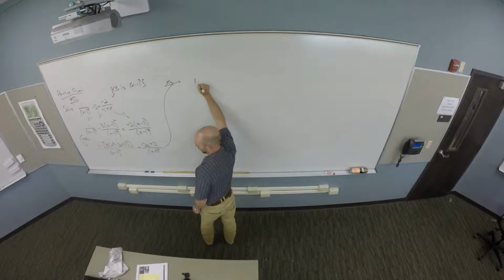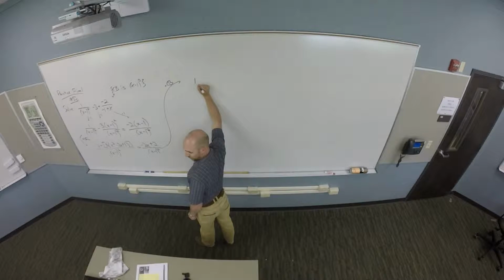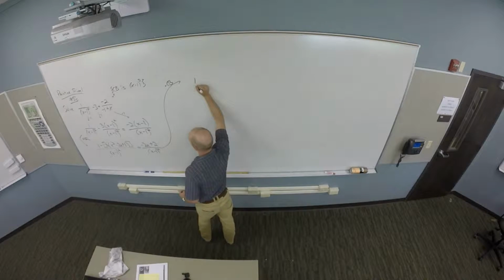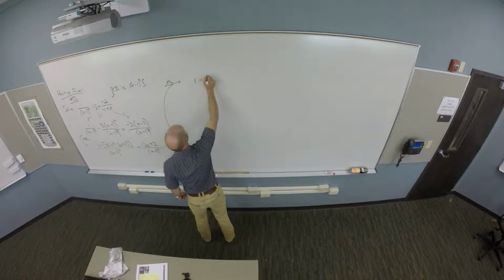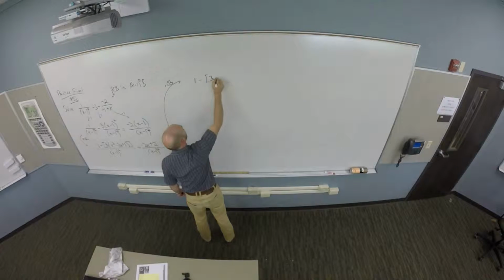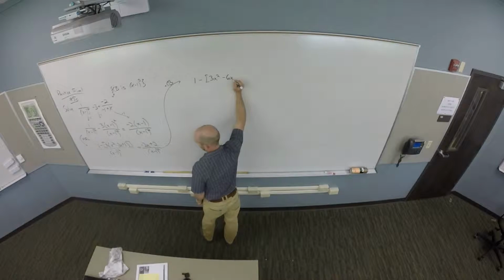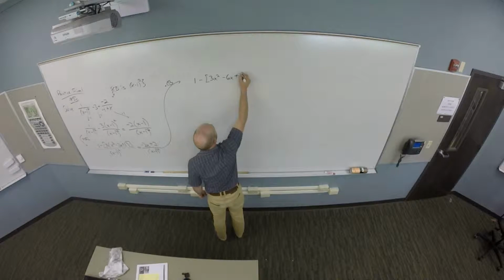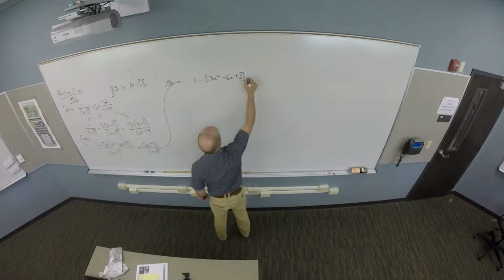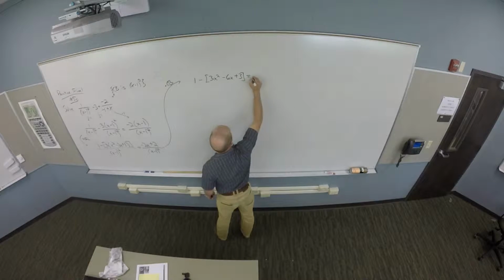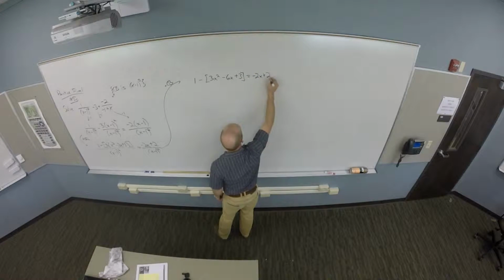You want to distribute that, Jayla? What do you got? 3x squared minus 6x plus 3. So I'm subtracting all of that from 1, and then that stuff's supposed to be minus 2x plus 2.